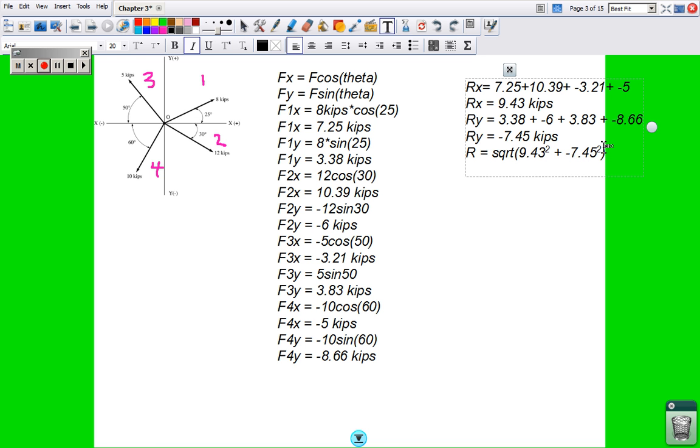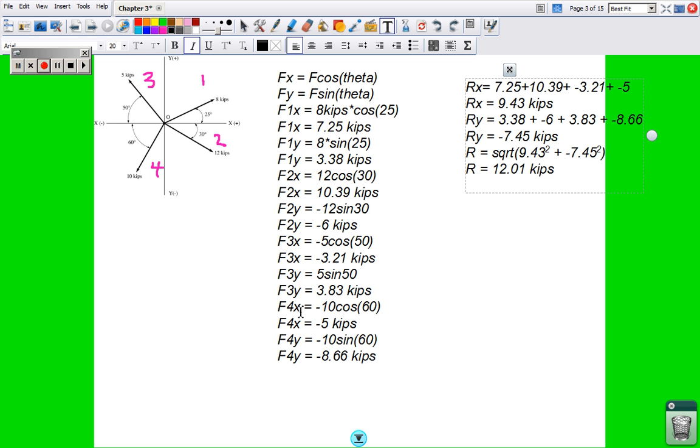So let's go ahead and calculate this out. Okay, and I end up with R equals 12.01 kips.